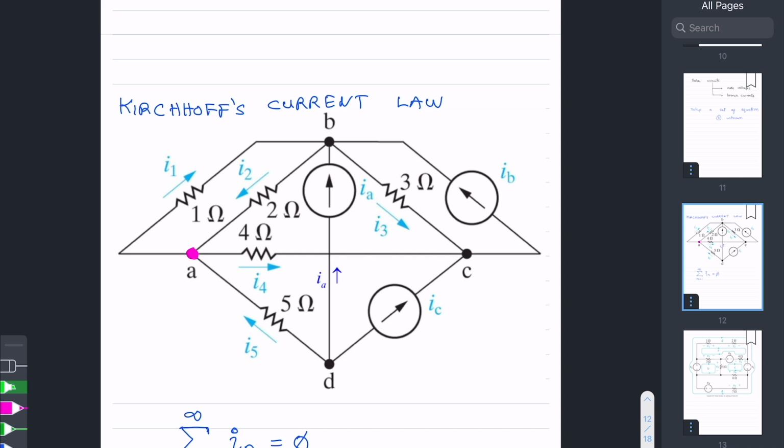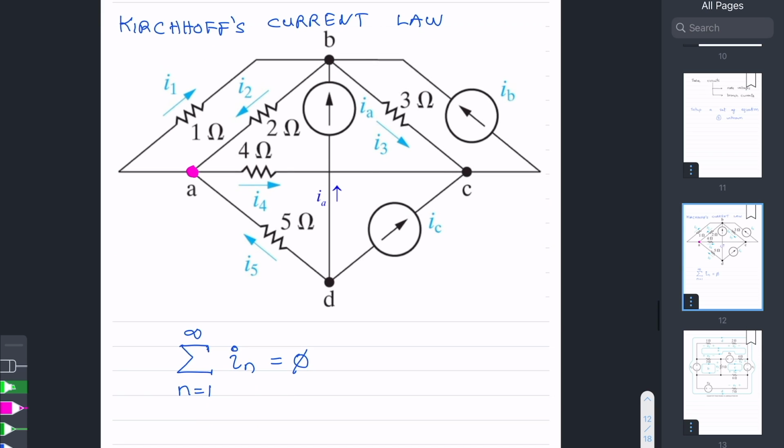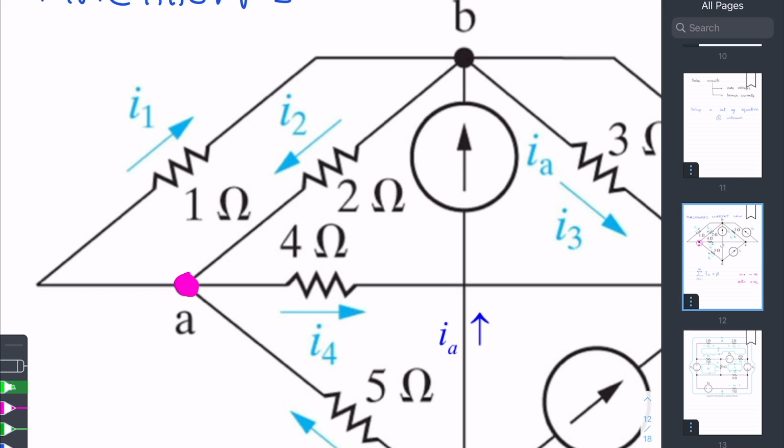What you can do is use the directions, the polarity, such that all the currents flowing in you consider as having a negative sign, and all the currents flowing out as having a positive sign. So what KCL says is at node A, if you sum all the currents, what are all the currents at node A? There is I1, and that's leaving. I2 is coming in. And then there is, of course, I5 coming in.